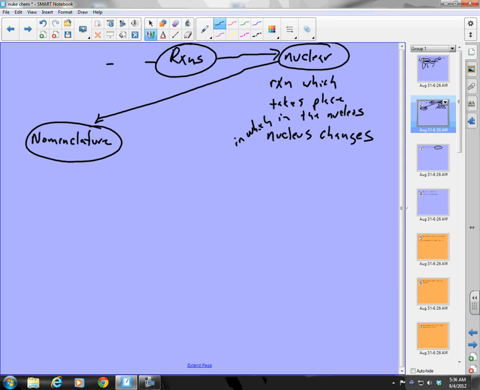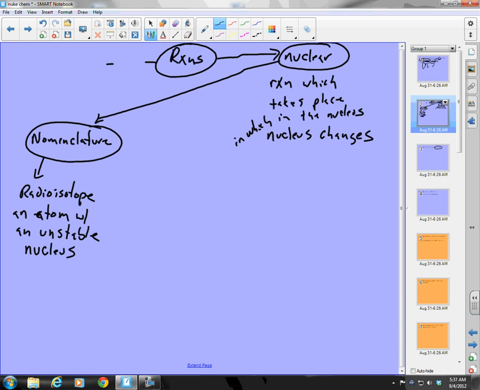And the first, I guess, we should learn is radioisotope. Good. So what is a radioisotope? A radioisotope is, really simply stated, an atom, an element, an atom with an unstable nucleus.